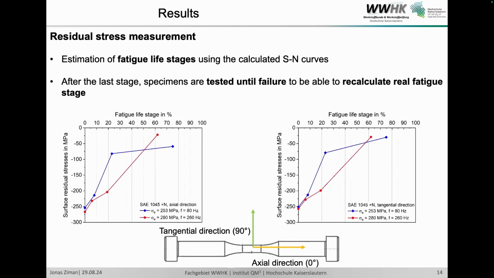We also did measurements in two directions, on one side in the tangential direction and on the other in the axial direction. And we showed that the direction doesn't really matter, because both values are quite similar and the progression of the curves itself too.